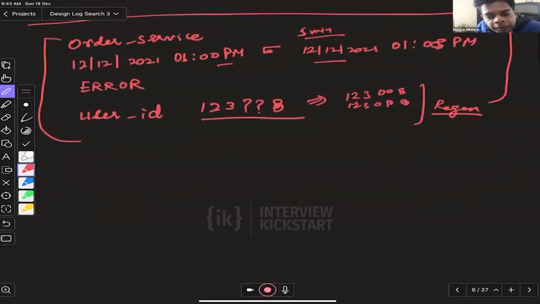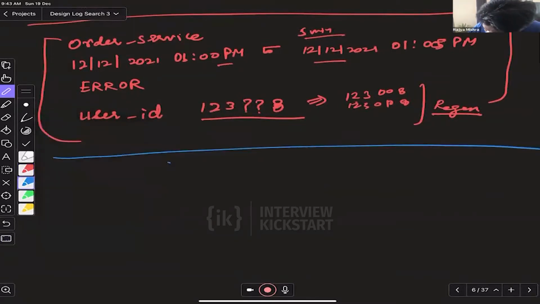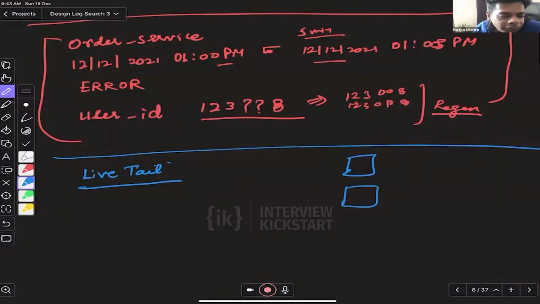Then there are other kinds of expectations from a log search application. It could be that we are interested in live tailing. We know that this is a distributed system, because if it is just a single server, then we can log into that single server and go through all the logs locally.